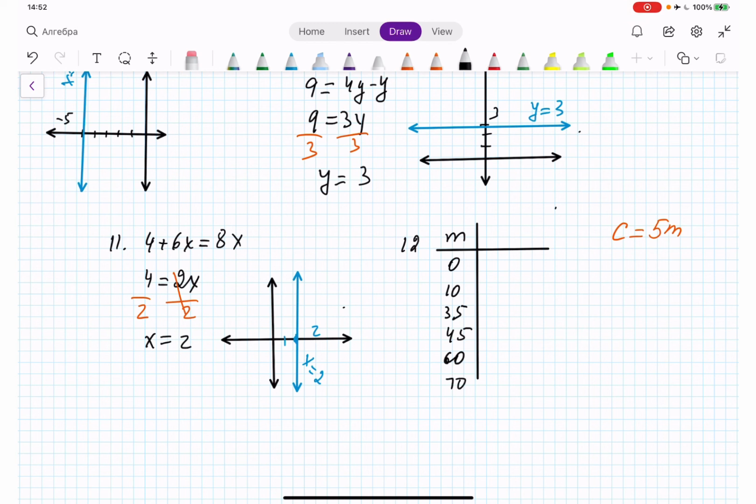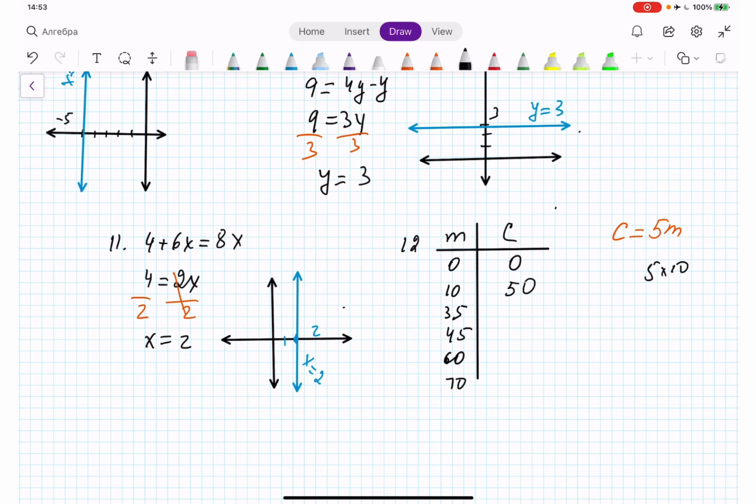So we need to find how many calories you burn exercising. 0 minutes, so 5 times 0, meaning sitting on the couch, having chocolate, banana, and instead of losing, you are gaining. Next, 10 minutes, so 5 times 10, right? So it's going to be 50 calories.